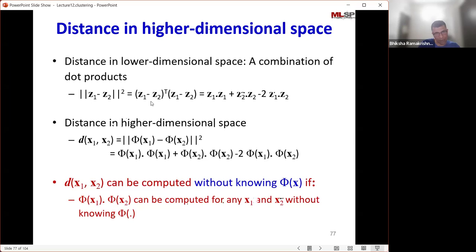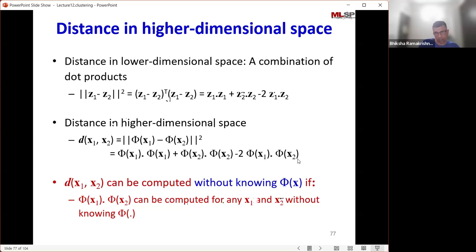If I expand it out, it's going to be z1 dot z1 plus z2 dot z2 minus 2 times z1 dot z2. But then z1 was just phi x1, z2 was just phi x2, right? So this is phi x1 times phi x1 plus phi x2 times phi x2 minus 2 times phi x1 phi x2, right? Is this making sense?